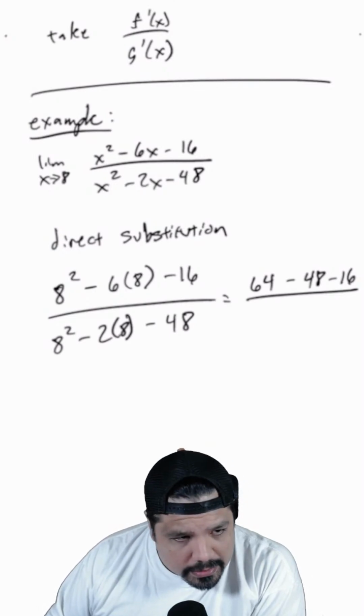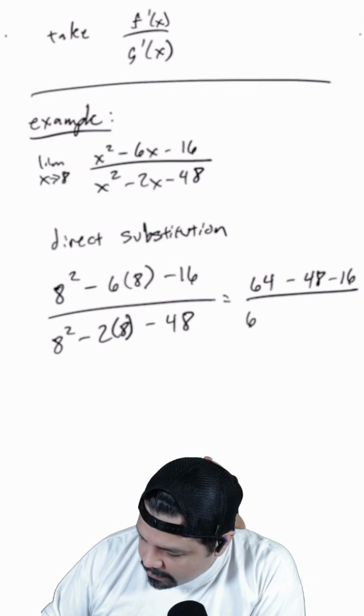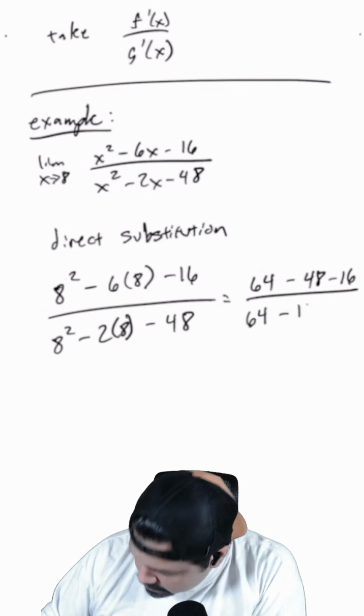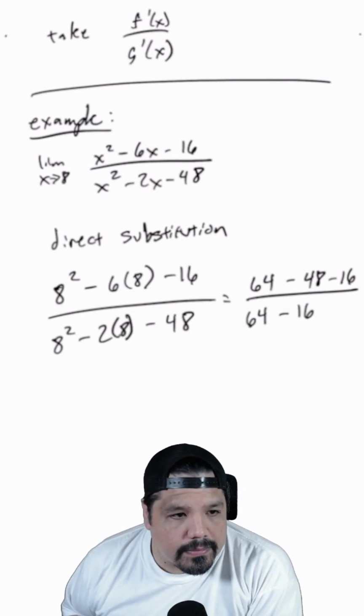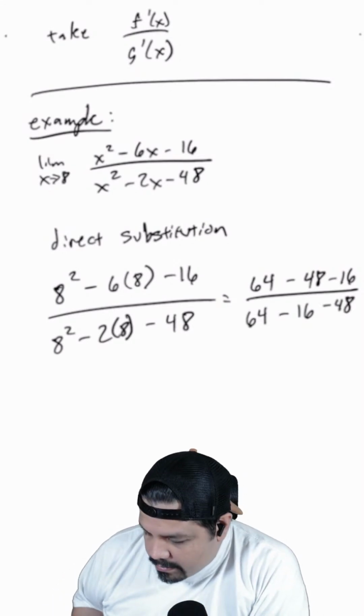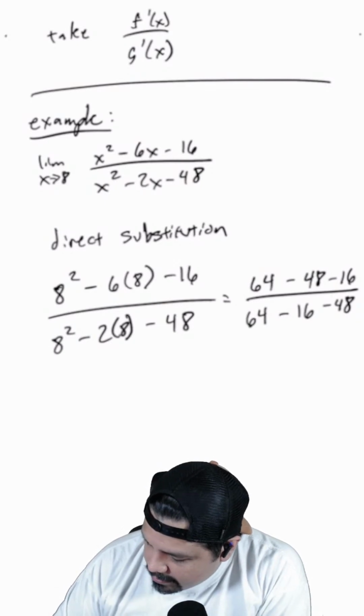And we write it again. 8 squared. It's got to be 64. 8 times 2, 16. Minus 48. Isn't that the exact same thing? Yes, it is.